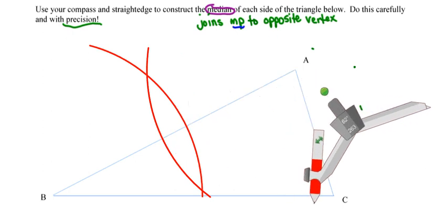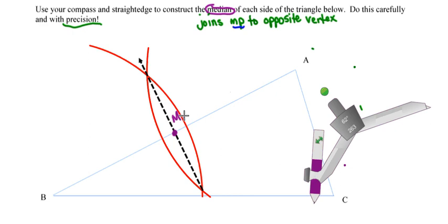Now recall that when we're doing this construction, the only purpose for doing this construction is to find the midpoint. So I'm going to use a dotted line to connect the arcs in my construction, because that dotted line is my perpendicular bisector. And the only reason I wanted to construct the perpendicular bisector was so I could find the midpoint.